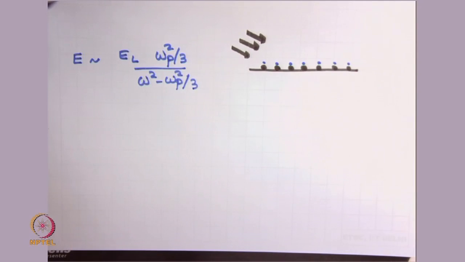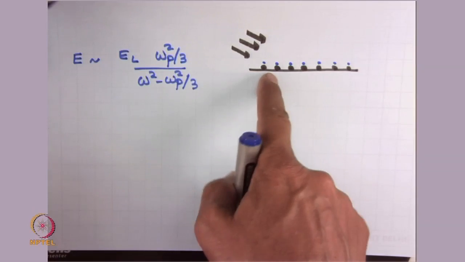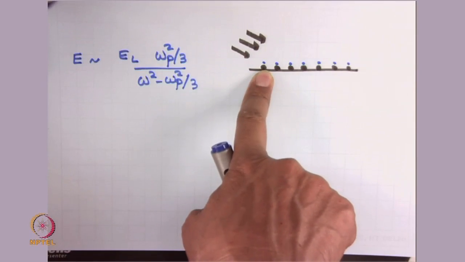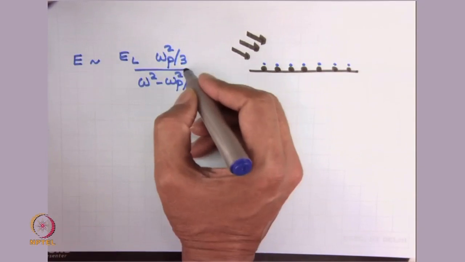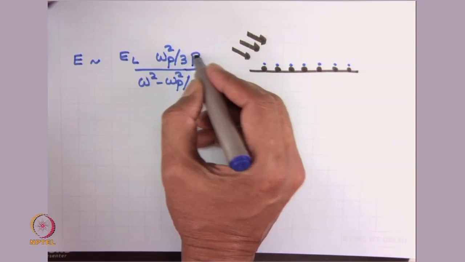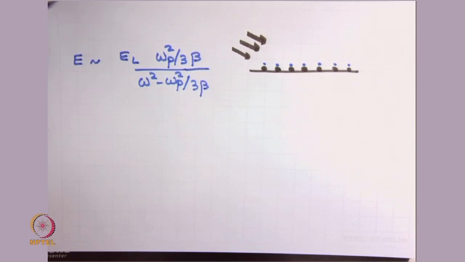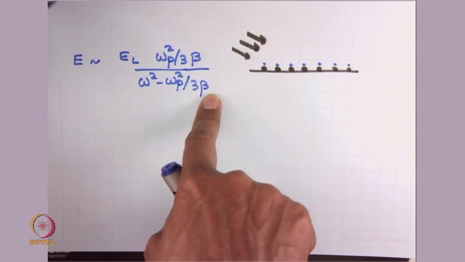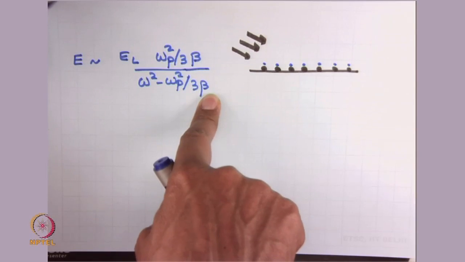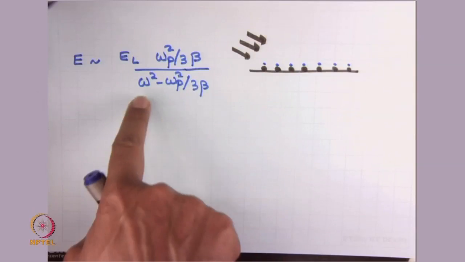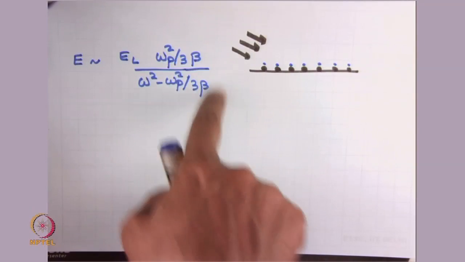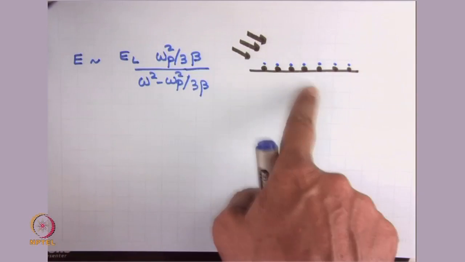What has been seen is that if these particles are not spherical, they are spheroidal, then this 3 is multiplied by a quantity called beta, and this beta depends on the shape. So, for certain particles beta is like unity, for others it could be more than 1, and this resonance condition can certainly be satisfied for some of the particles.